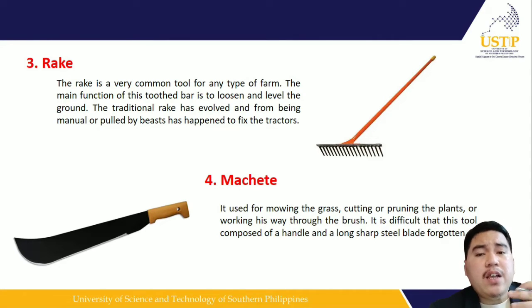So we should use rake to loosen and level the ground para ma-level, para mapatag bitaw, and siya, gigamit ni siya pang gather sa mga soils, sa mga dahon, okay? Because there are some rakes nga it has a flat head.